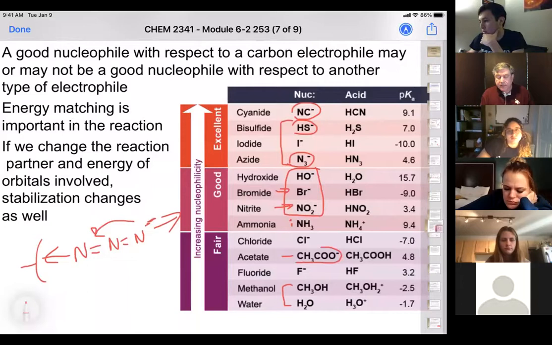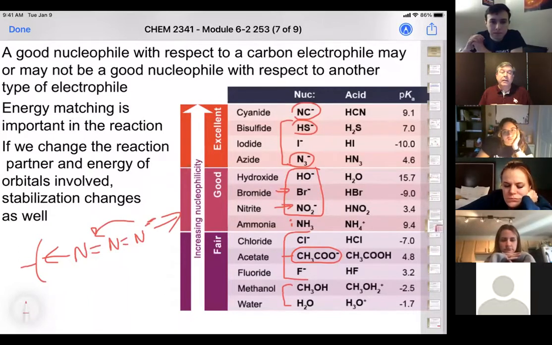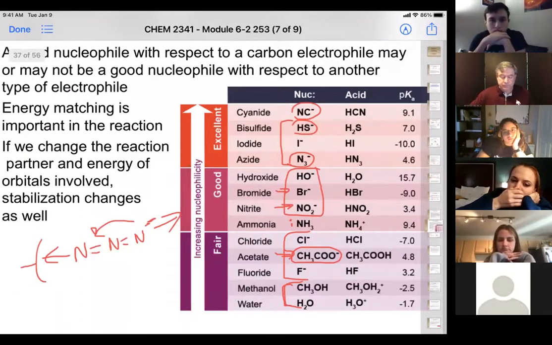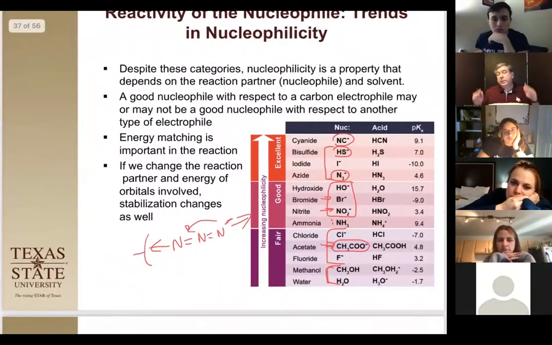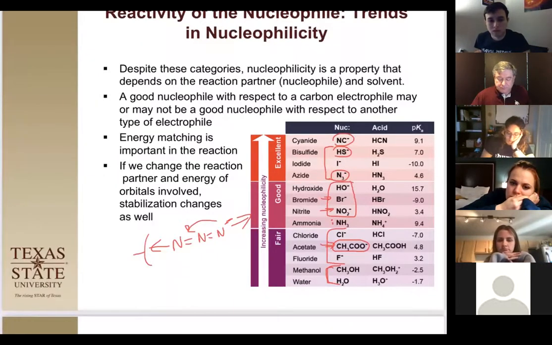This one right here has a resonance structure. It has the charge on the two carbons, but it's also a weaker acid. So think about the chloride and fluoride here being weak because of their lack of polarizability, the neutral species because they're neutral, and the acetate because it has multiple resonance structures. Okay, so if you don't think you can figure that out on an exam, go ahead and memorize this list of excellent, good, and fair nucleophiles.